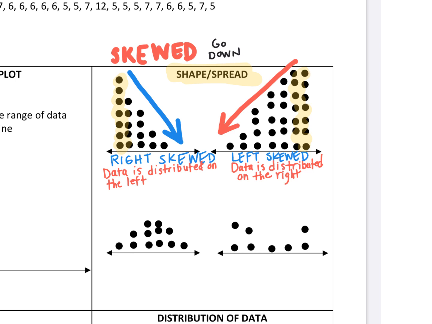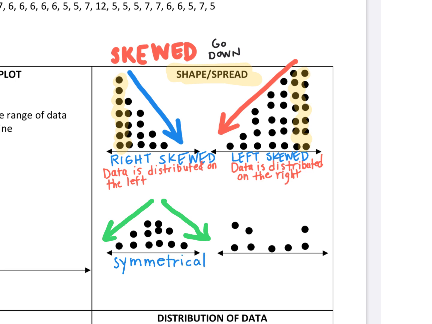Our next one looks like it's going down on both sides. Well, that's on purpose. When you see something that almost looks like a triangle where it's going down pretty evenly on both sides, there's a name for that also, and this particular name is symmetrical. Let's write this out: S-Y-M-M-E-T-R-I-C-A-L, symmetrical.